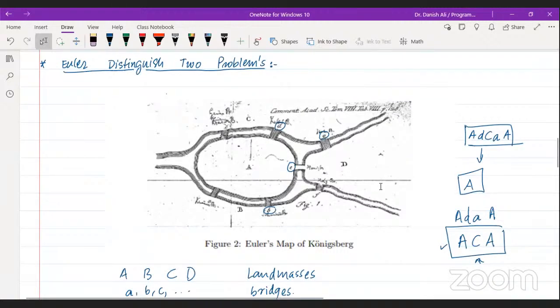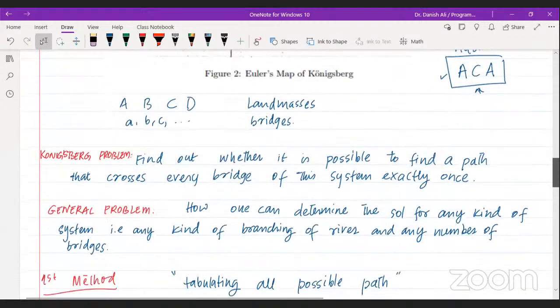So we write it like this: A, C, D. Or A, B, D represents that he moves from A to B by any bridge, and then B to D by some other bridge. So if somebody used all the bridges exactly once, then 8 letters should be used to describe that journey.